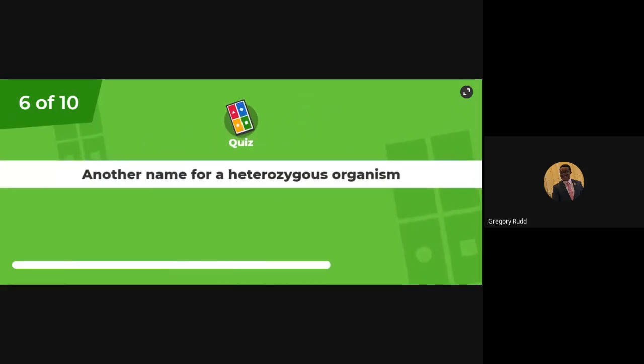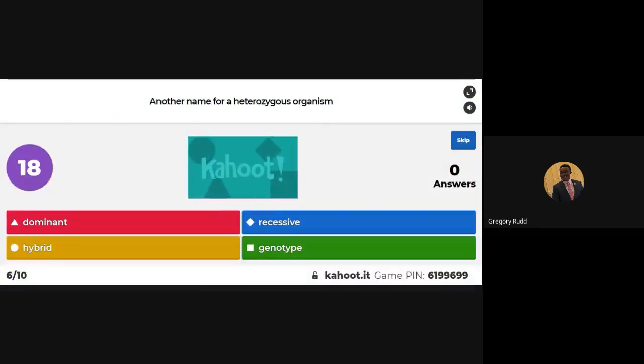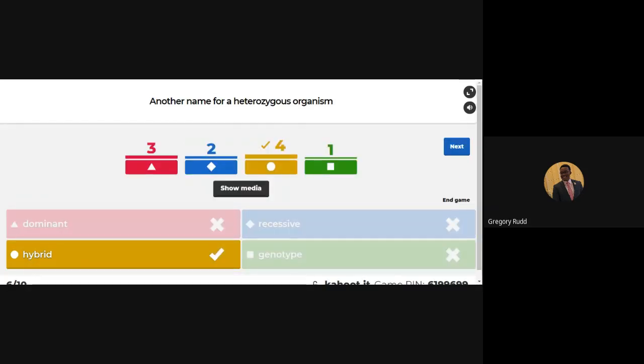Another name for a heterozygous organism. We didn't talk about this, but let's see if you all can pick up on it. Good. That one was tricky.